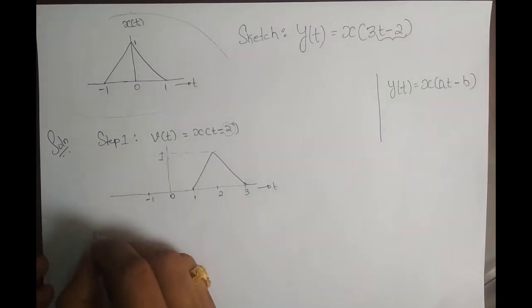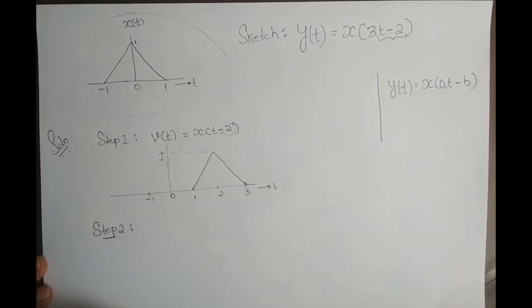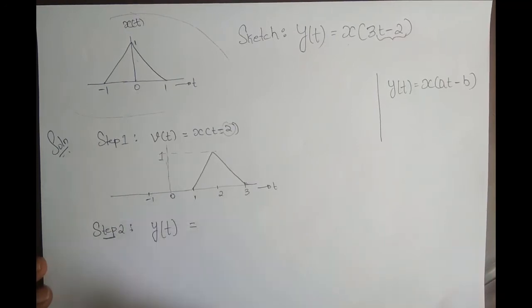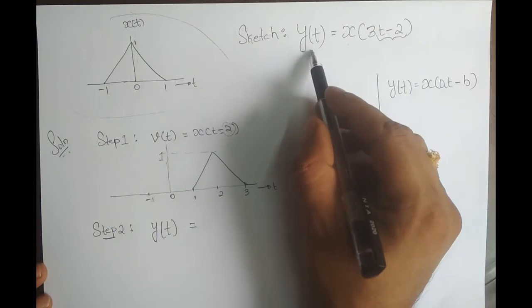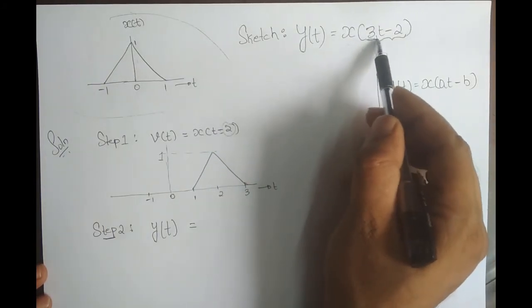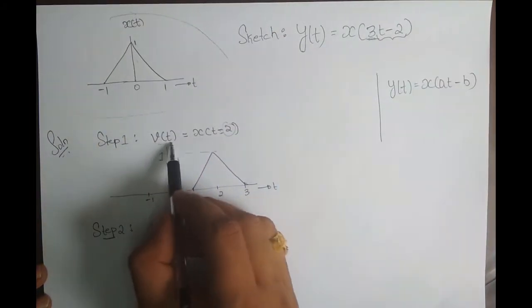Now what is step 2? Step 2 is I have to sketch my output signal, the resultant signal y of t, and this involves the scaling operation, which has to be done on my intermediate signal.